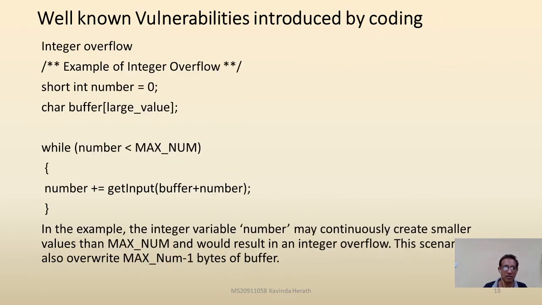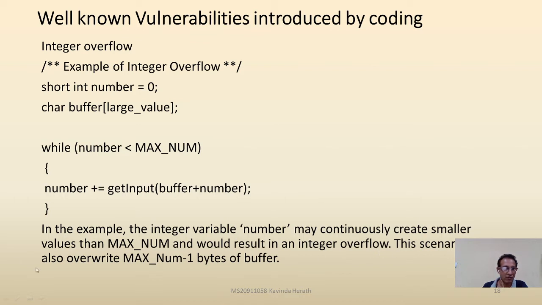The second scenario is integer overflow. The integers keep running again and again, as with the memory earlier, so now the integers are overflowing in this program. If the integer variable number continuously creates smaller values than the max, it would result in an integer overflow.